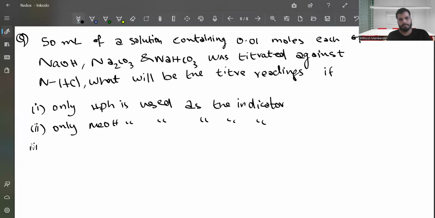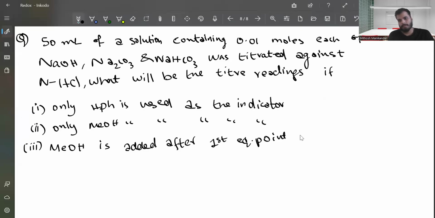Third case, very important, very interesting case: MEOH is added after the first equivalence point with phenolphthalein. So do you understand the question?